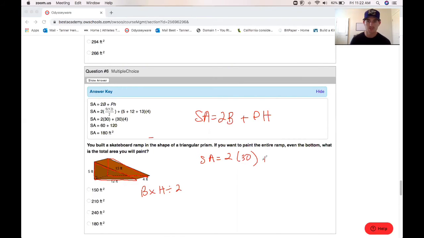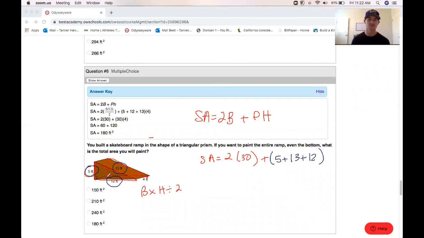So plus our perimeter is going to be 5, 13, and 12. So we got 5 plus 13 plus 12.